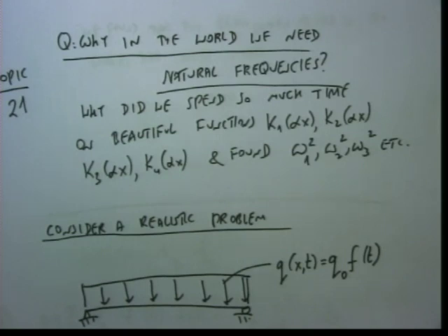Now, you could say, okay, I'm ready to expand in terms of functions that satisfy boundary conditions, but maybe not of mode shapes. One could have asked such a question. We will do that later. But still, even in that case, natural frequency and mode shape will suddenly be coming into play. You may want to summarize this somehow.